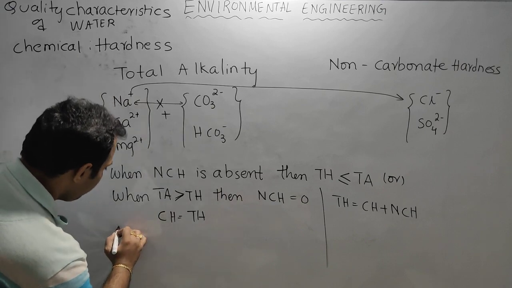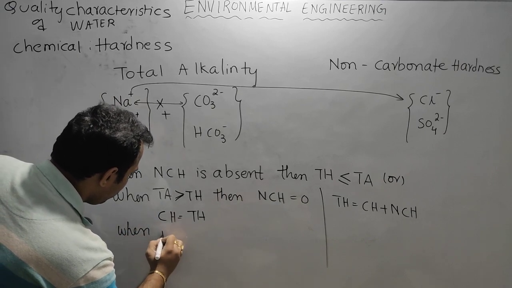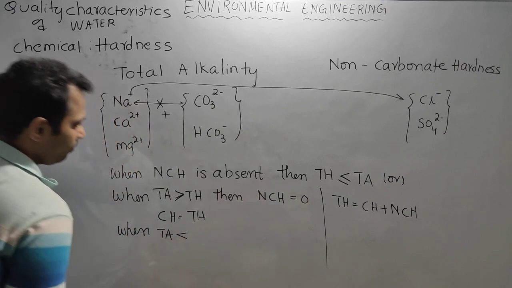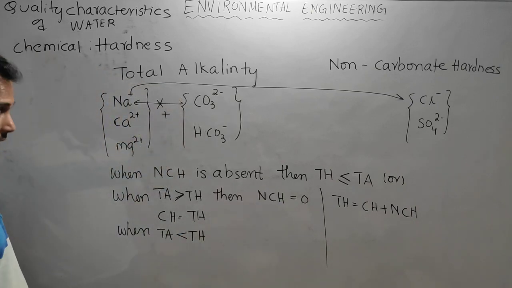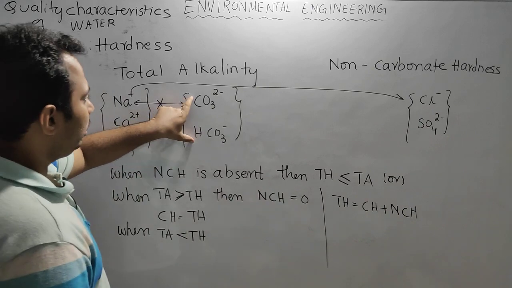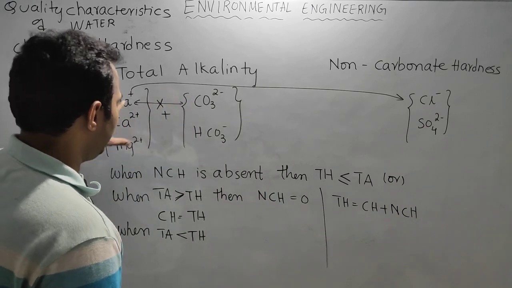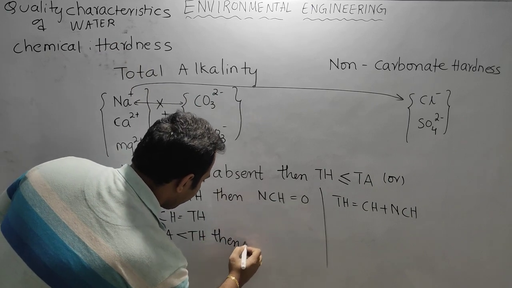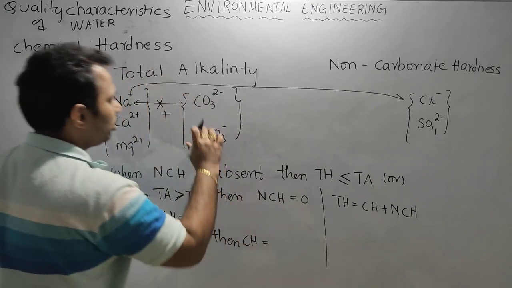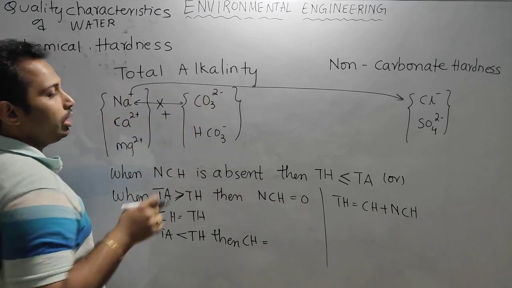And similarly, when total alkalinity is less than total hardness, then the carbonate hardness is equal to total alkalinity.